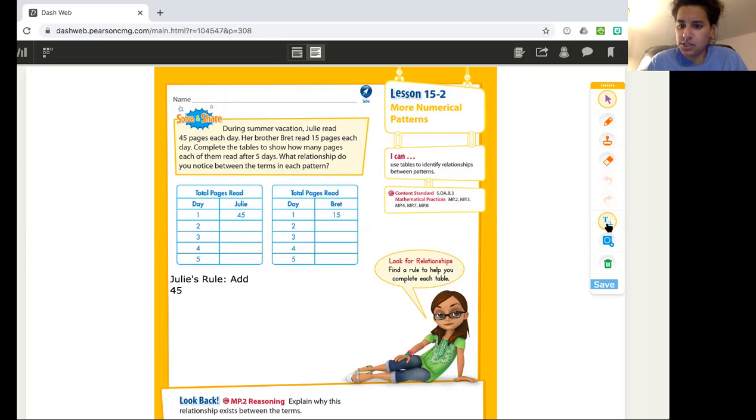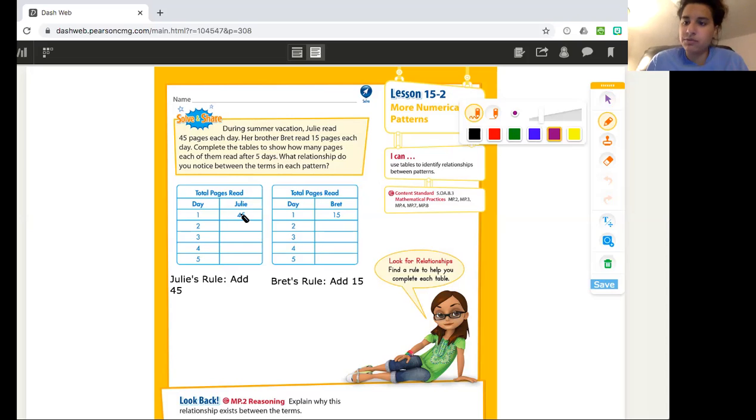And then Brett's rule: Brett read 15 pages each day, so that would be to add 15. Brett's rule would be to add 15. We're going to move that underneath his table. Okay.